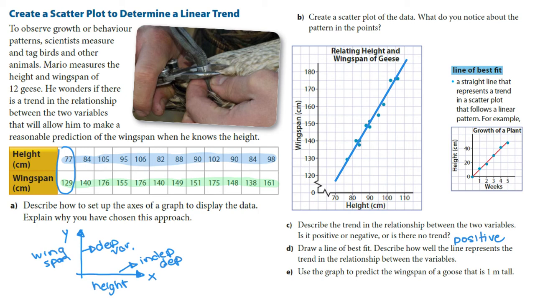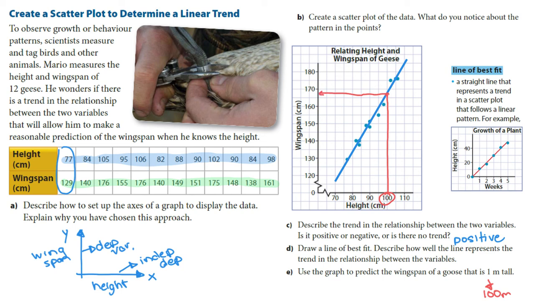Then it says, use the graph to predict the wingspan of a goose that is 1 meter tall. We should note that everything here is in centimeters, and 1 meter is 100 centimeters. So height is on the x-axis, so there's 100 centimeters, or 1 meter. And all I'm going to do is follow it up until I hit the line, which is there, and then I'm going to come across.